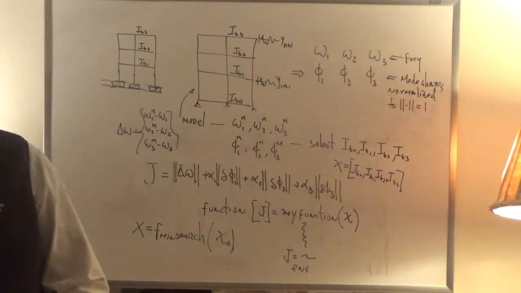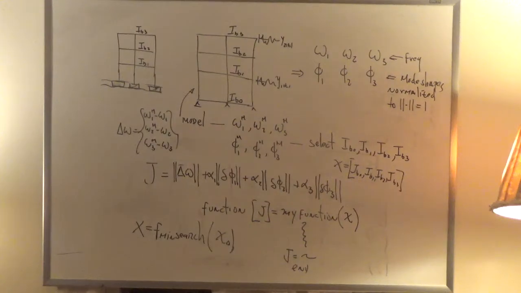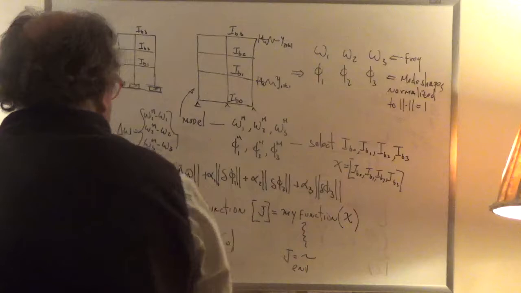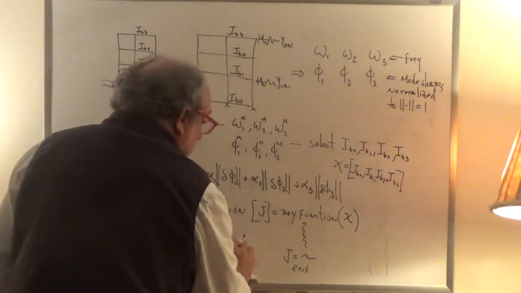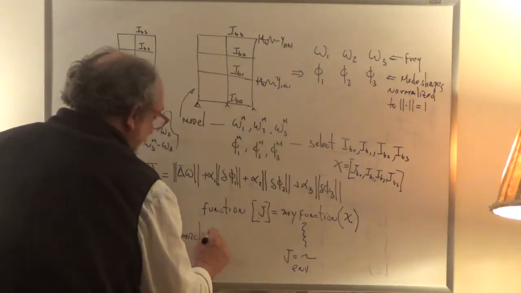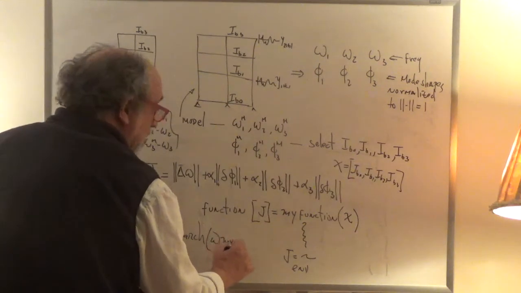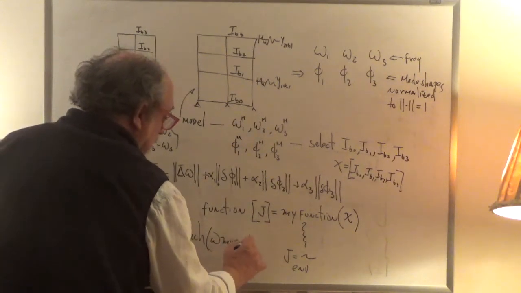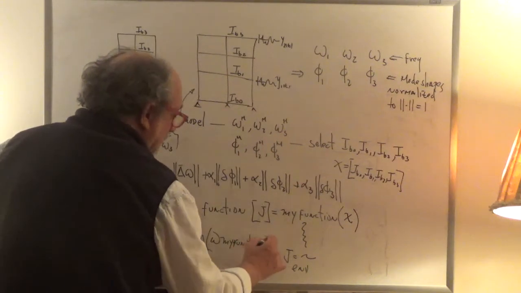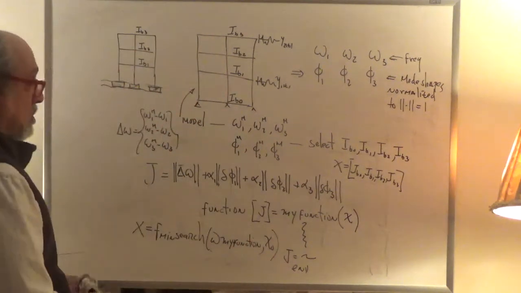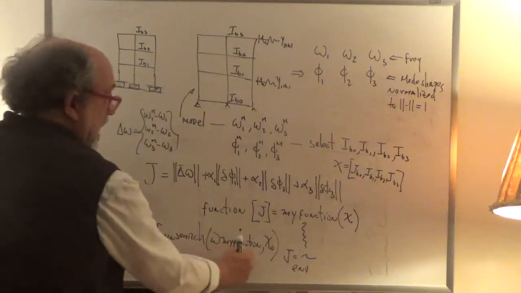Let me double check to see if my mind is slipping for some reason. Oh yeah, I knew I was forgetting something. So it's fminsearch, parentheses, at my function, otherwise how is it going to do it, right? At my function, then comma x0, right? So this is the name that you do.